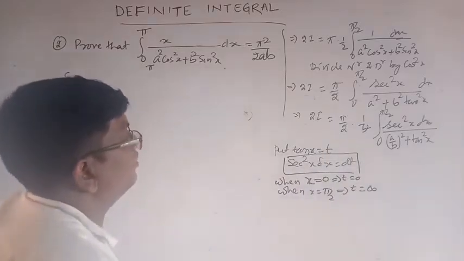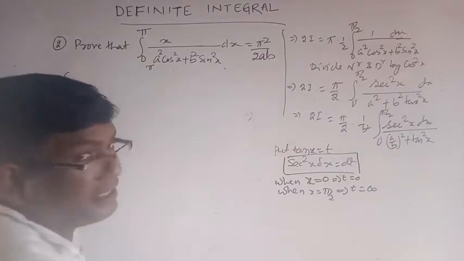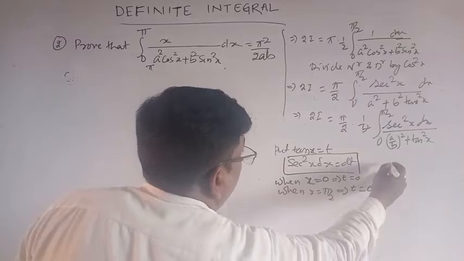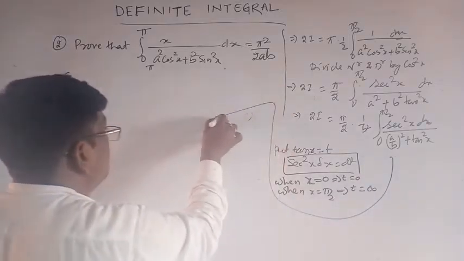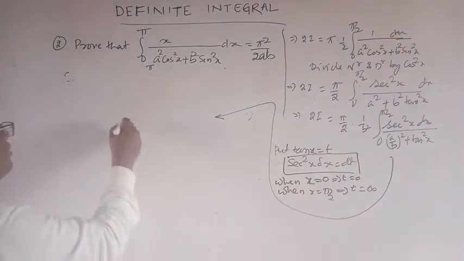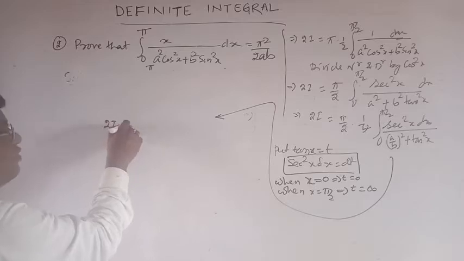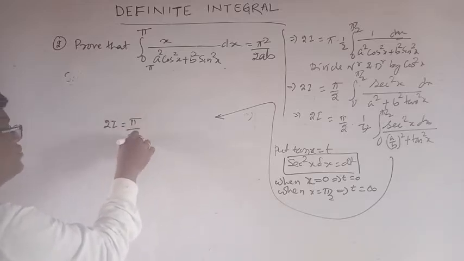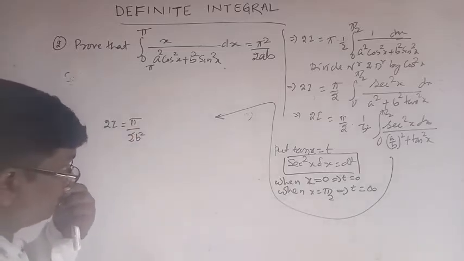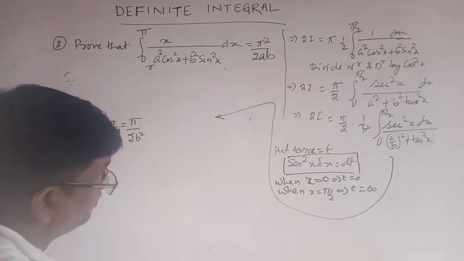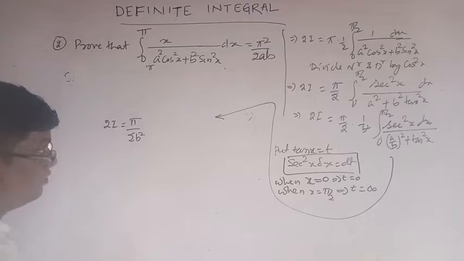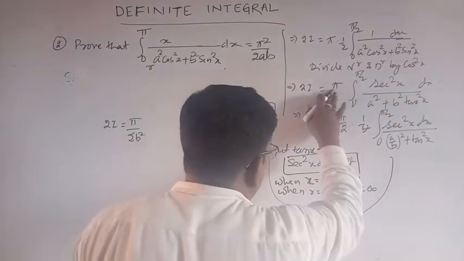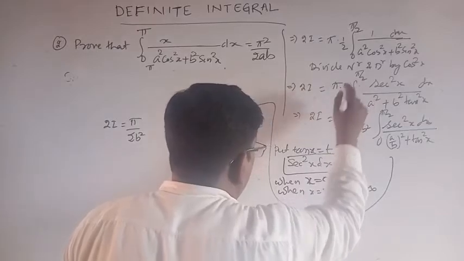Okay. So 2I is equal to what? 2I is equal to pi by 2b square. Sorry, this is pi, not pi by 2, 2 times here.